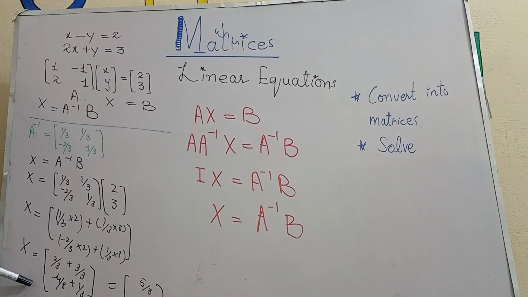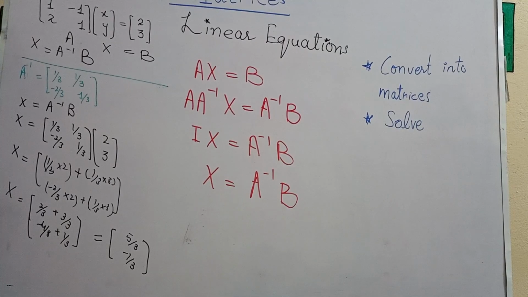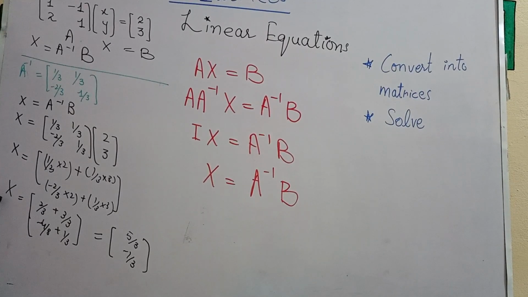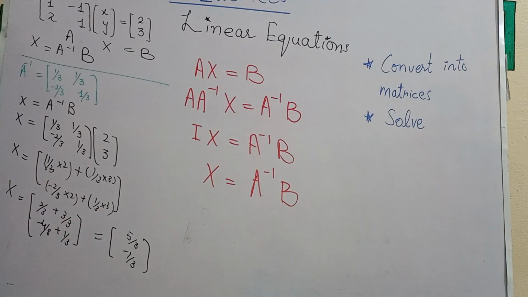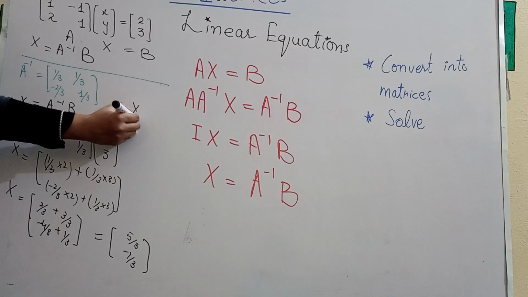So friends, we have calculated the result. Here we have found the solution of the matrix X, that is 5 by 3 and minus 1 by 3. So this X matrix is composed of x and y.